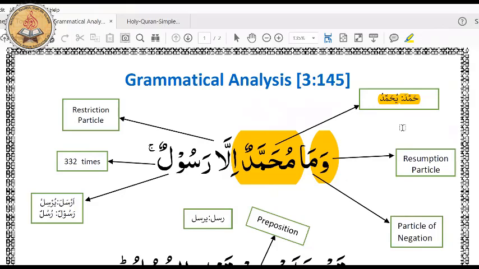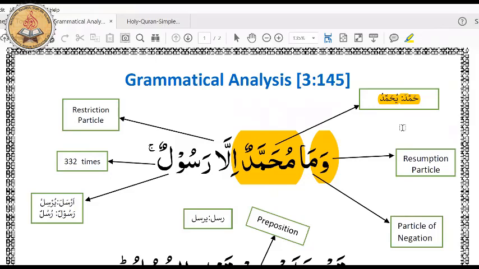Hammada is the perfect tense, when the job is completed: he repeatedly praised. And yuhammidu means he repeatedly praises. This is the imperfect or present tense, when the matter is continued and the job is done in the present. So yuhammidu is the one who praises a lot, repeatedly, with great respect and honor.